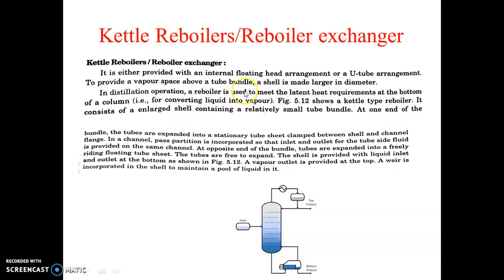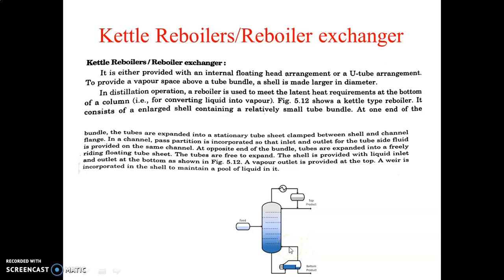The vapor space above the tube bundle is provided larger, or we can say the shell diameter is larger. It can be used in a distillation column, where the reboiler is used at the bottom of the column for converting the liquid coming from here to vapor.